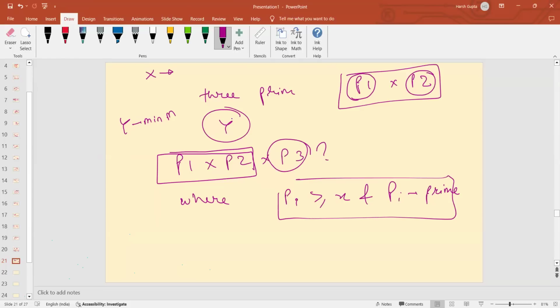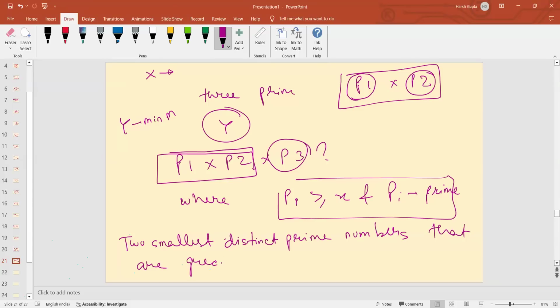I want to find a minimum y. So the question simply comes down to looking for the two smallest distinct prime numbers. Now again, why distinct? I will come to that. Two smallest distinct prime numbers that are greater than x.